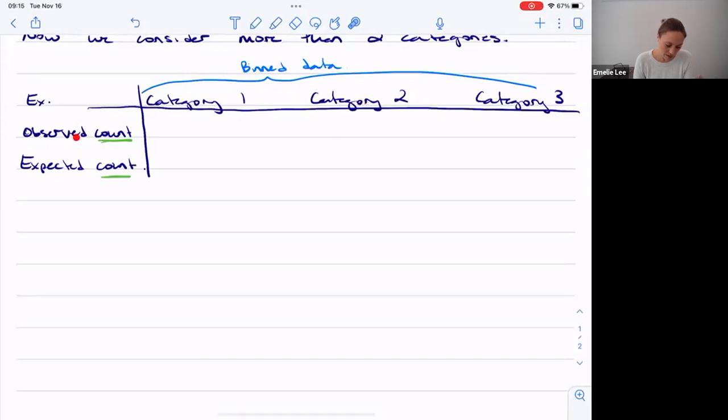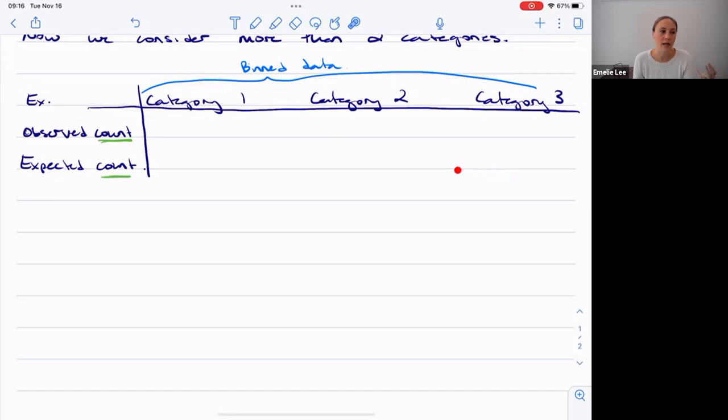So what's going to happen is we have these observed counts, right? How many are in category 1, how many are in category 2, and how many are in category 3. Okay? Then the expected count is going to come from our null hypothesis. It's going to come from, what did I expect to see here? Did I expect to see an even spread among each of the 3 categories, right? Did I expect to see a third and a third and a third of the counts in each category, right?